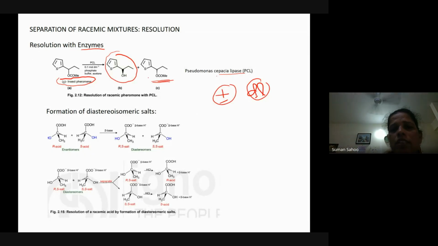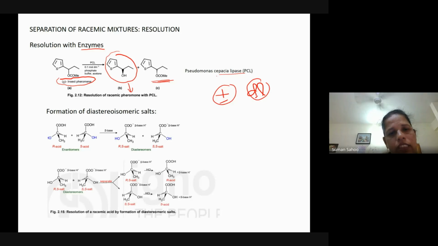Now you can separate these two, and if you want this one back, you can do an esterification reaction again. So this is resolution with enzymes.